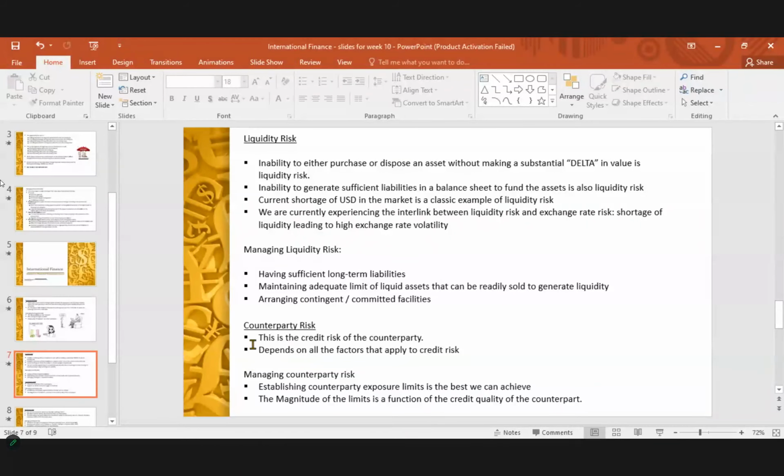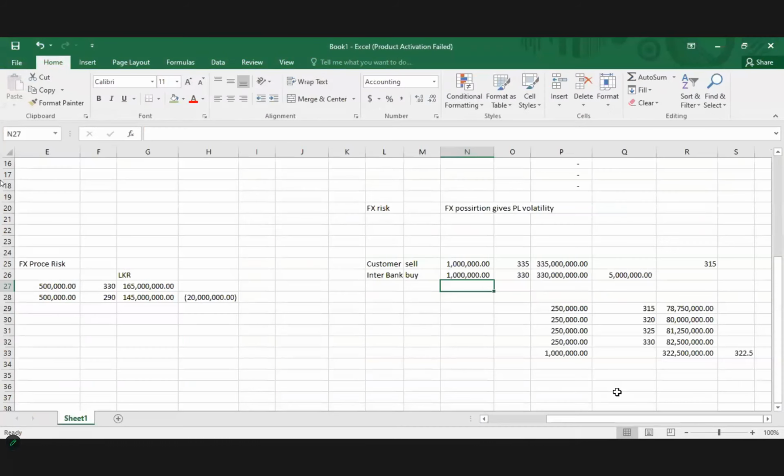Then another risk that is there is counterparty risk. Counterparty risk is, as you can see, if I go back to my Excel sheet, in all these cases, here, customers sell.